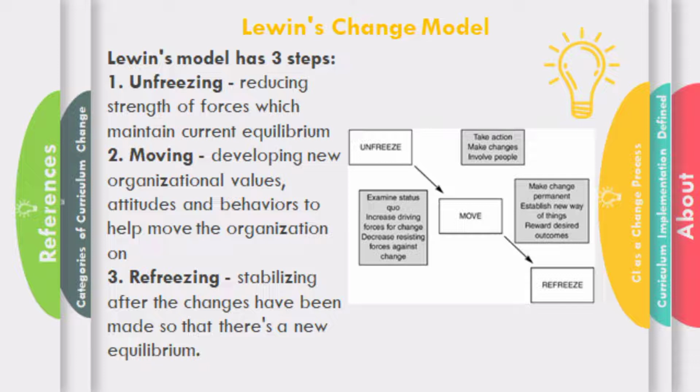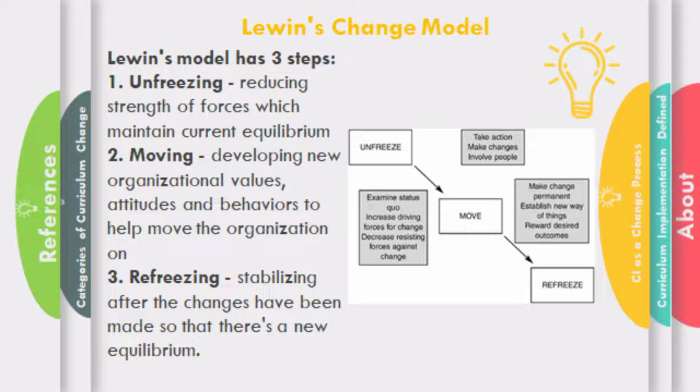So, unfreeze, move, and refreeze. Take action, make change, involve people. Make change permanent, establish new ways of doing things, reward desired outcomes. Examine the status quo: driving forces for change increase, resisting forces against change decrease.